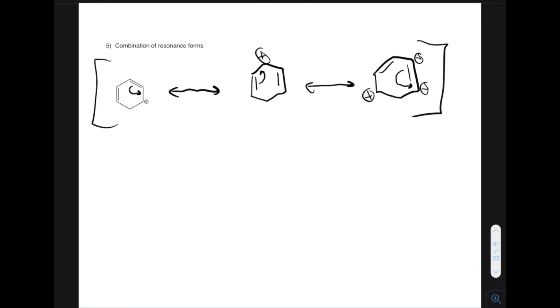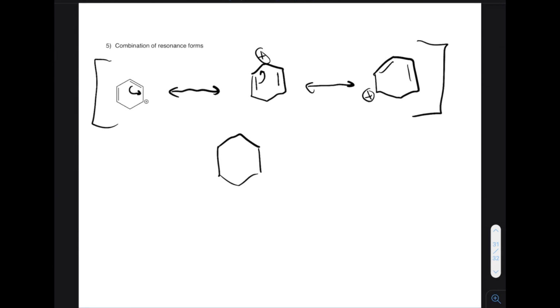But that would just not be a great resonance form at all. Like, sure, it exists, but it would not be something that would be even a minor contributor, right, because there's too much going on, too many charges. One of the octets is not being satisfied in the carbon, so it is not a great resonance form at all.